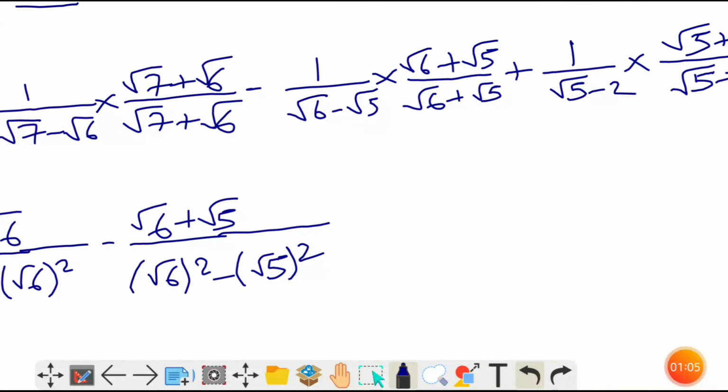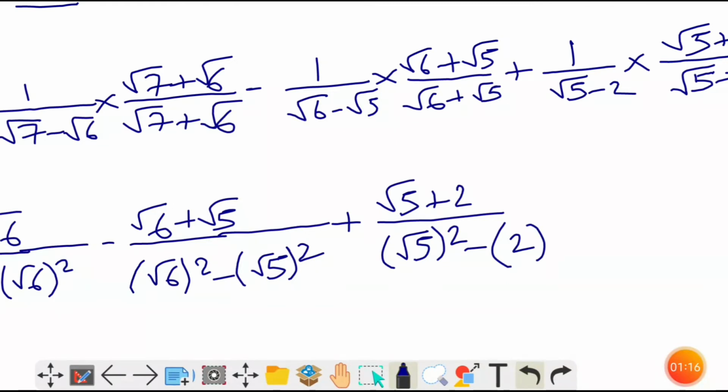Now the last number we have plus root 5 plus 2 in the numerator and a square, that is root 5 square minus b square, that is 2 square.